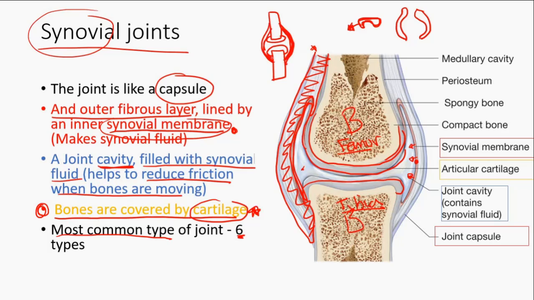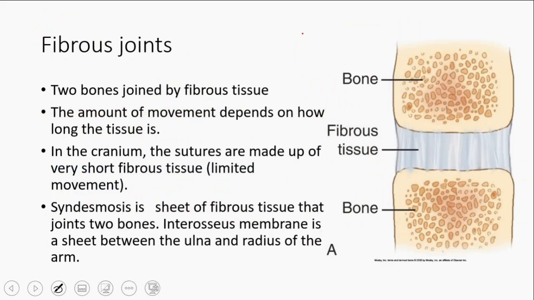And then of course you've got your synovial membrane on the inside, and what that's going to do is pump fluid inside so that you have your synovial fluid inside. Okay, great. Let's move on.